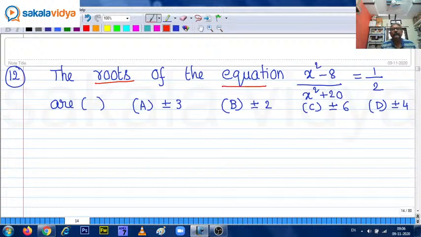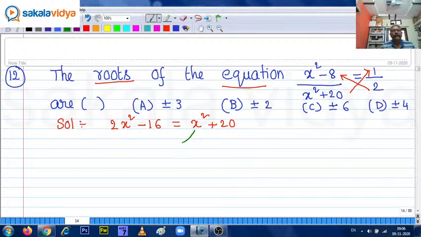The roots of the equation (x square minus 8) by (x square plus 20) equals to 1 upon 2. So we need to solve it. Very simple. First cross multiply and get the values of x. Simplify. Cross multiplication: 2 times x square is 2x square, 2 times minus 8 is minus 16, equals to x square plus 20.